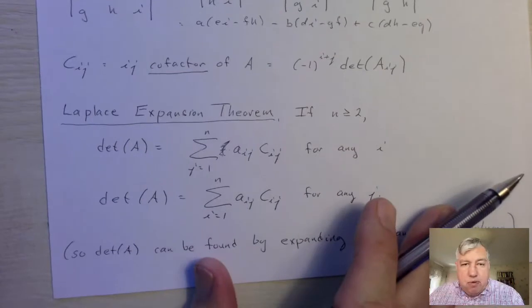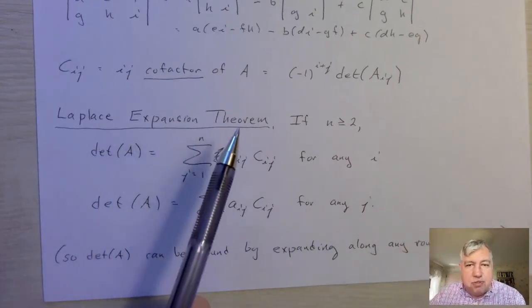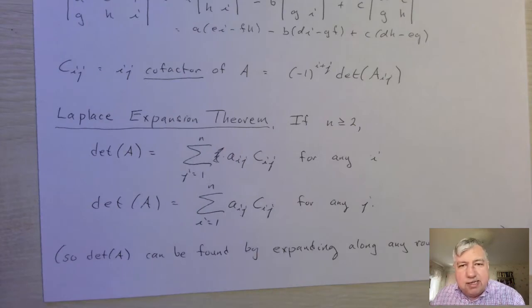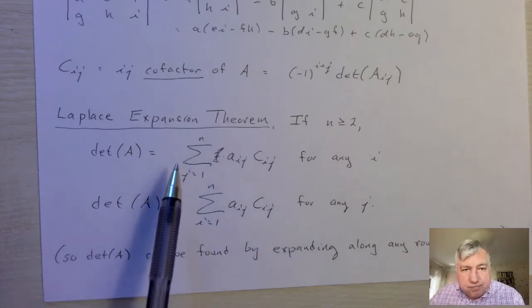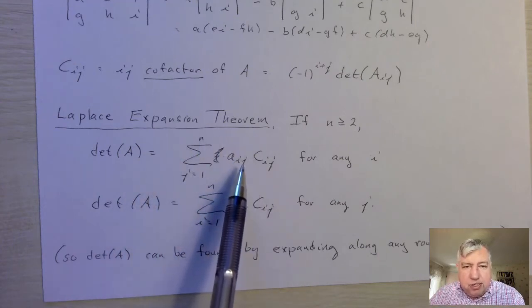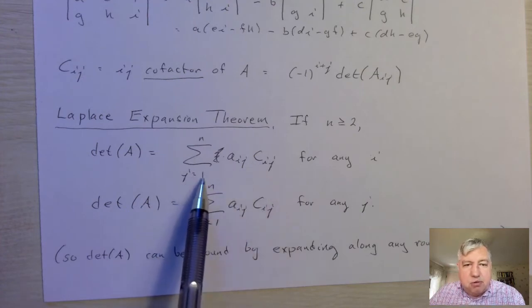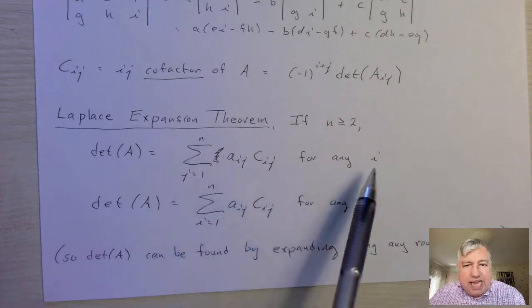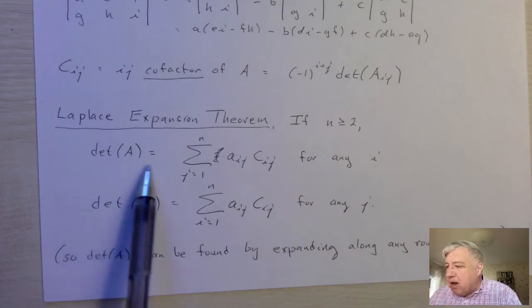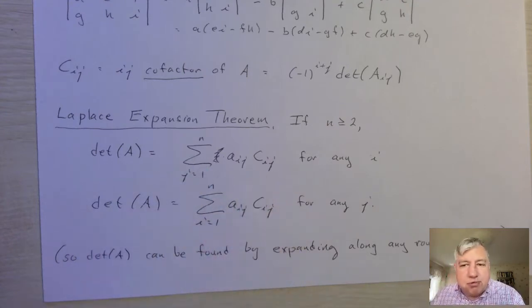But to formalize this, we have the Laplace expansion theorem, which says that as long as n is greater than or equal to 2, the determinant of A can be computed this way. It's the sum of Aij times the ij cofactor as j goes from 1 to n. This holds for any i. So this part says that you don't have to use the first row. You can pick any row you want to expand over.